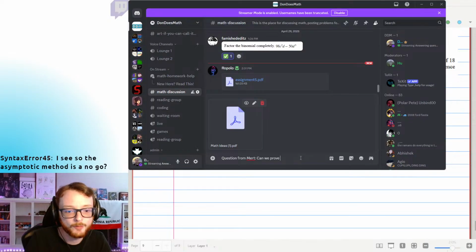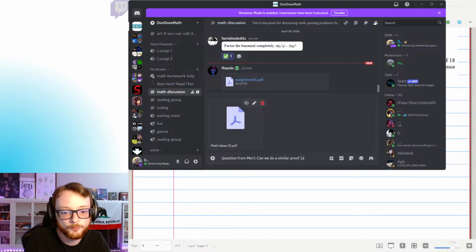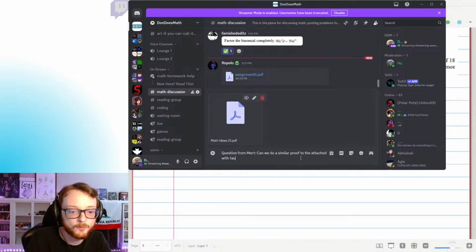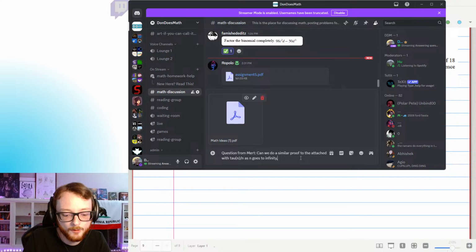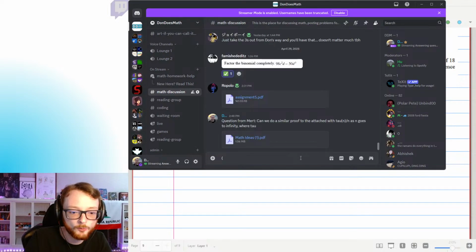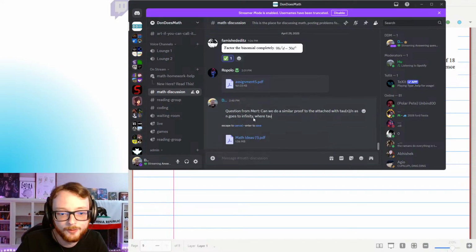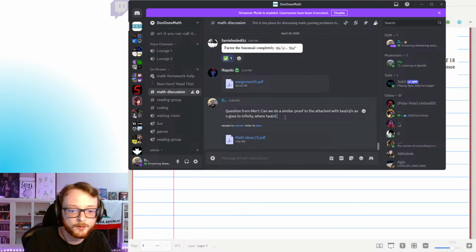Can we prove a similar proof to the attached with tau of n over n as n goes to infinity, where tau... Oh, no! I hit enter. Then counts the number of divisors of n.